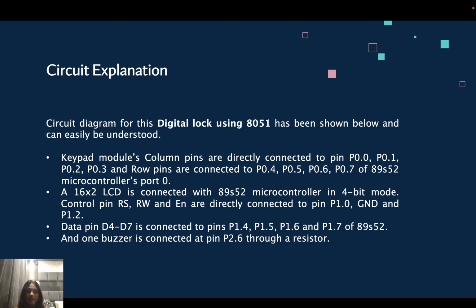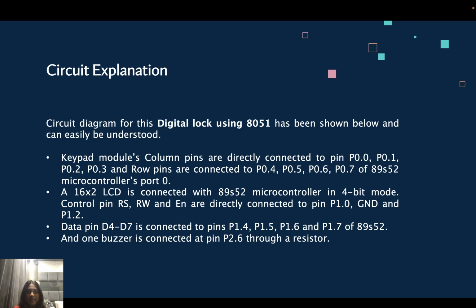The circuit diagram for the digital lock using 8051 has been shown in the next slide. The keypad module column pins are directly connected to pins P0.0, P0.1, P0.2, and P0.3, and row pins are connected to P0.4, P0.5, P0.6, P0.7 of the 8051 microcontroller's port 0.